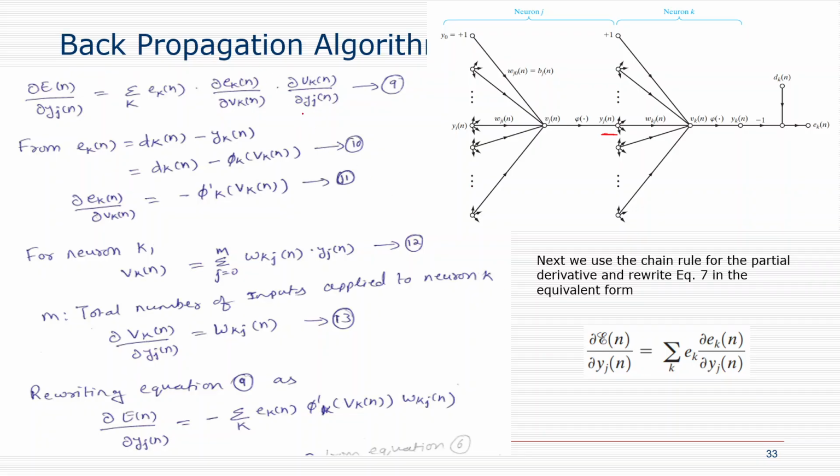Now, when we expand the term dou e k of n by dou y j of n, we have to take it with respect to v k of n. Therefore, this term further gets expanded as dou e k of n by dou v k of n, multiplied by dou v k of n by dou y j of n.